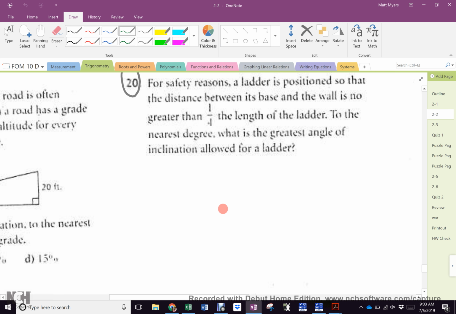So, there's the ladder, yeah? It leans against a wall, yeah? Here's the ladder. Here's a wall. Now, does it matter how big the triangle is, or will this angle always be the same?